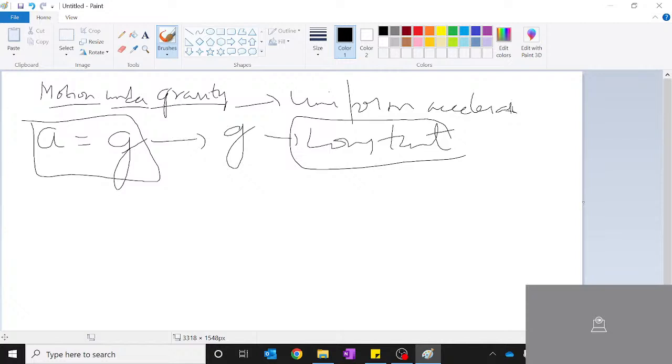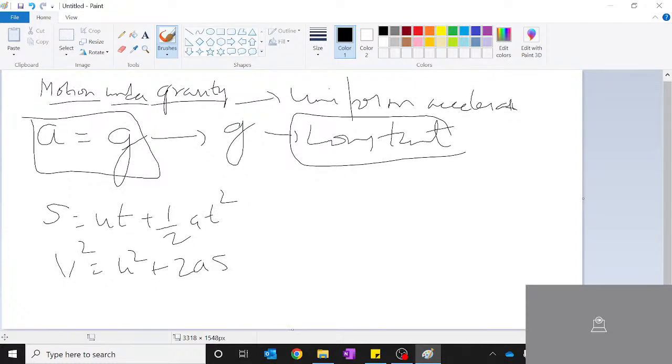Now, because you have g, what happens to your standard equations? We say displacement s is nothing but ut plus half at square, correct? v square is nothing but u square plus 2as, correct? And similarly, v is nothing but u plus at, correct? These are the three equations that define or govern your entire kinematics laws.